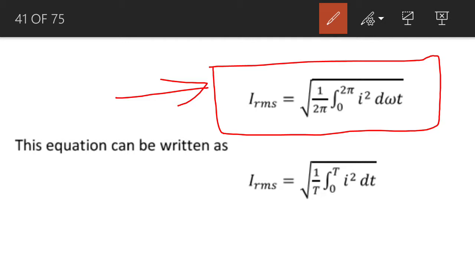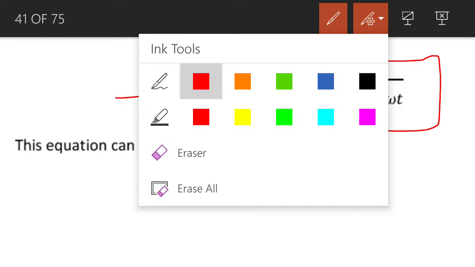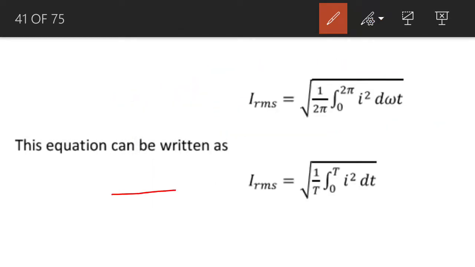We will use this equation if we have omega t along the horizontal axis. We will look at the waveform of this time varying current. If omega t is along the horizontal axis, then we will use this particular equation. And we will look at the waveform of the time varying current. If time is along the horizontal axis, then we will use this particular equation.